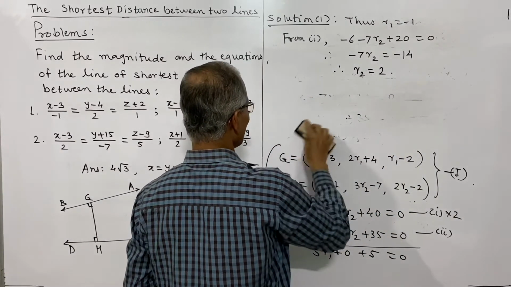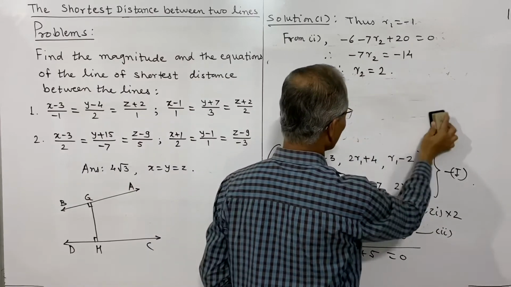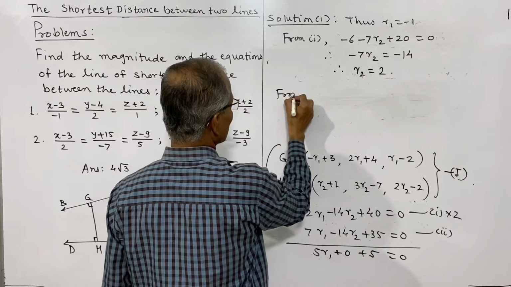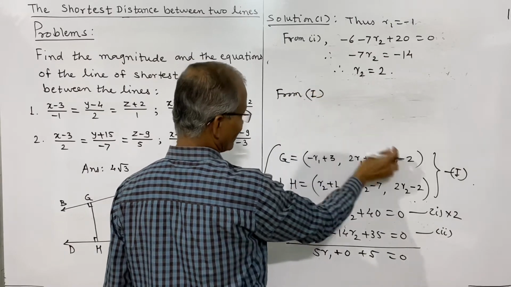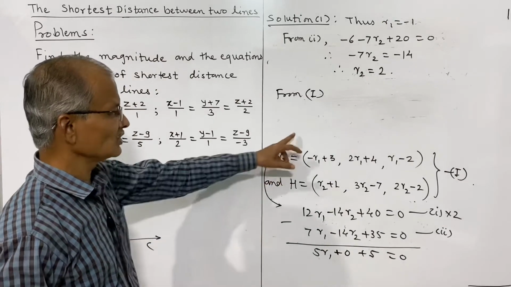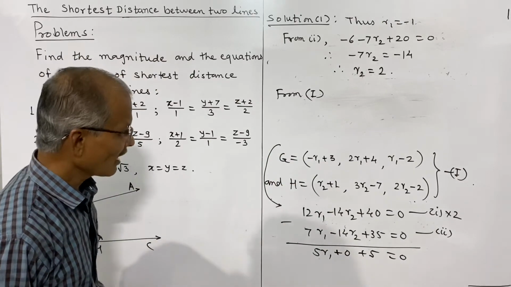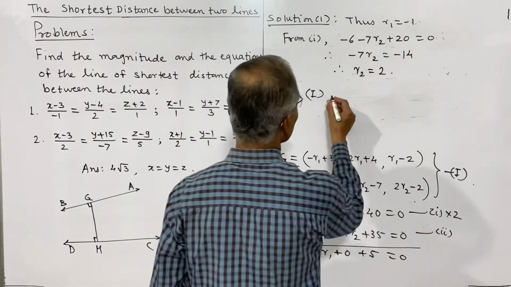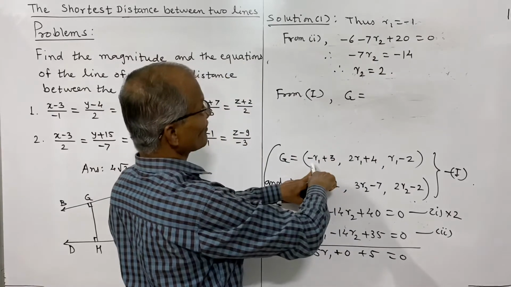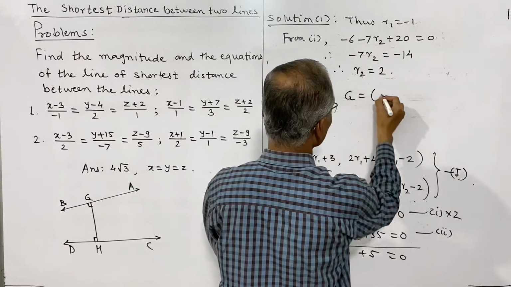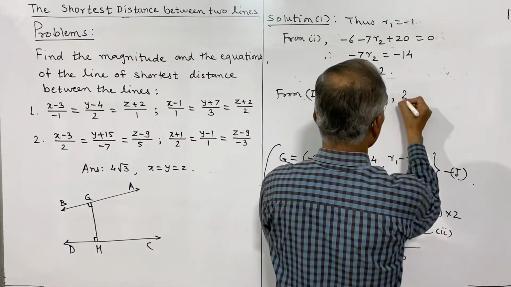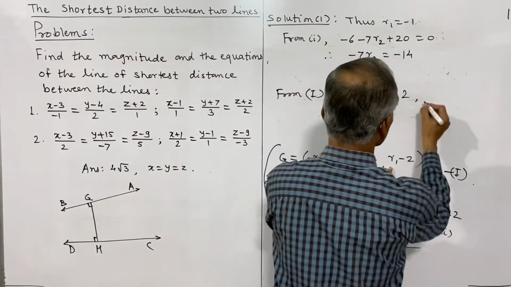G is, from 1, R1 is minus 1, so it becomes 1 plus 3, that is 4, and minus 2 plus 4 is 2, and this is minus 3.